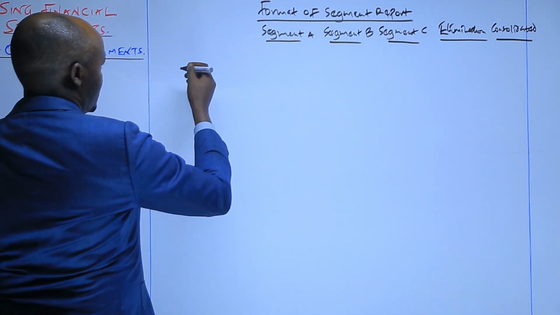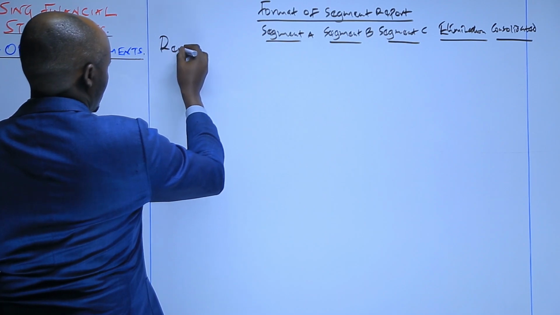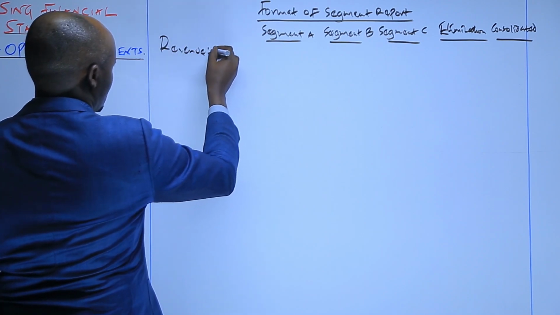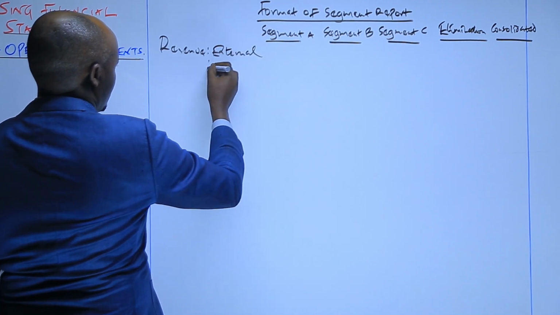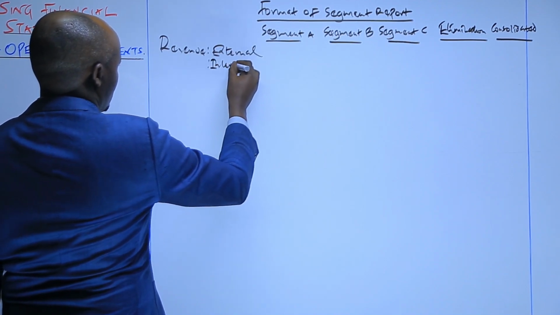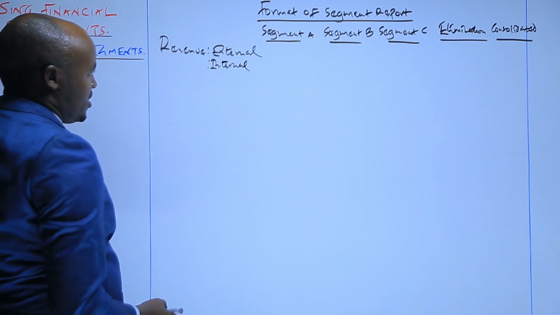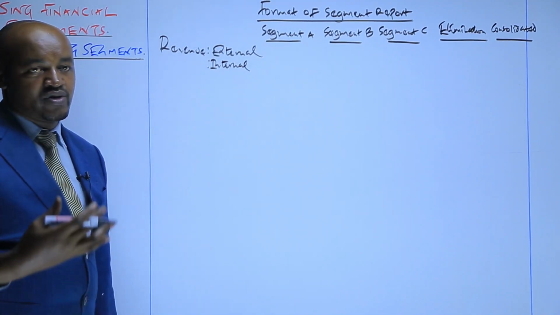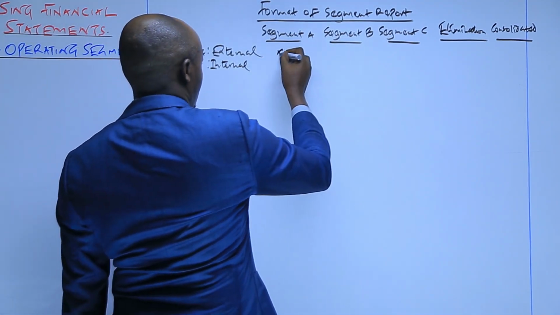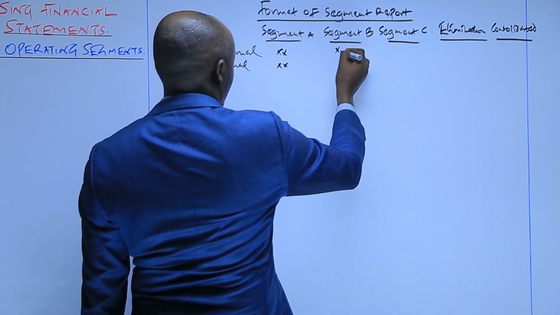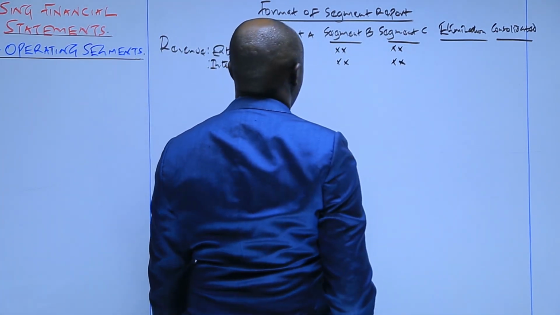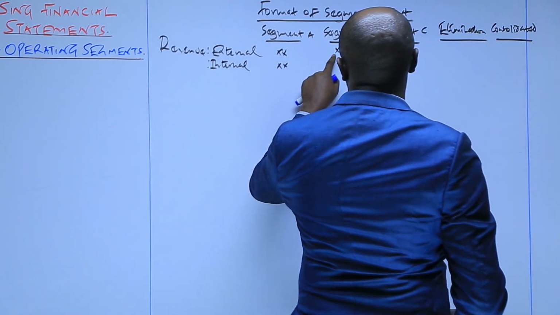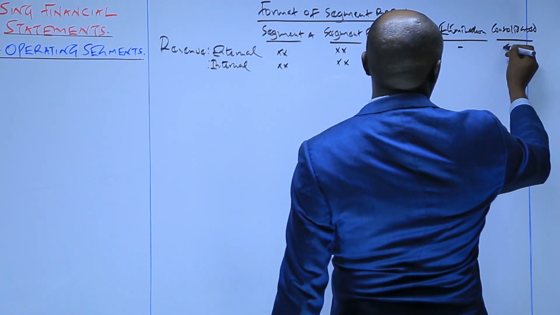So we always start by recording the revenue of the segment, which can either be external or internal, and the internal revenue is also known as the intersegment revenue. So we record that revenue here, both internal and external for each segment. And then we get the total external revenue, which we take to the last column.